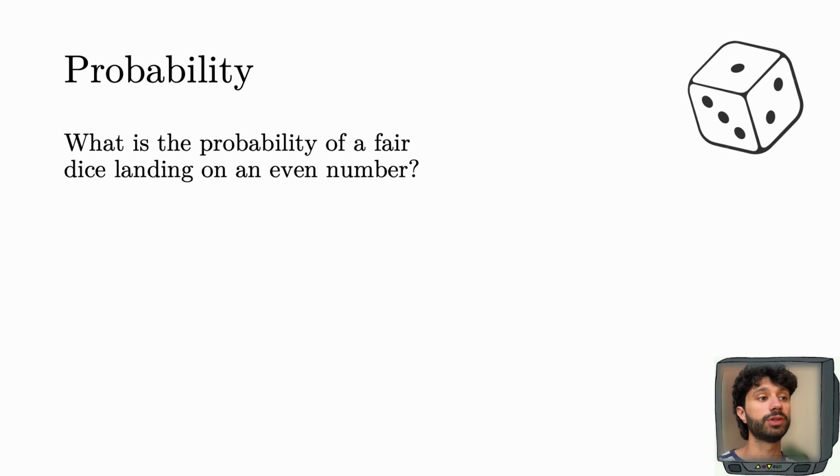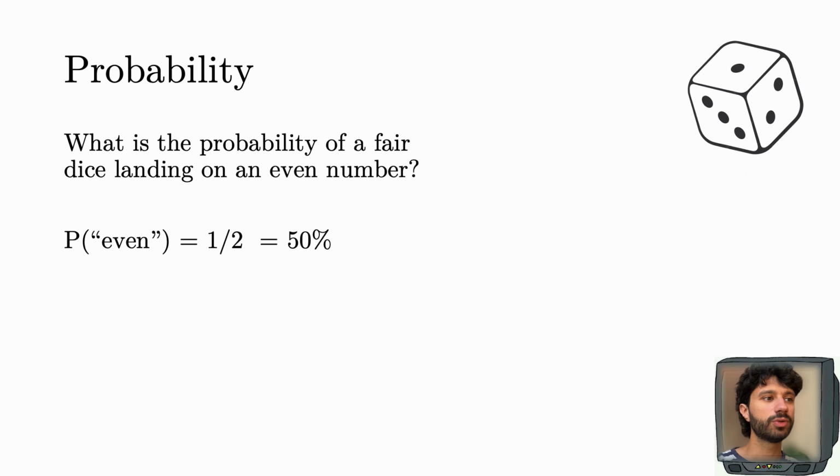Now, what is the probability of a fair dice landing on an even number? Okay, that already requires us to do a little bit more work. A dice has 6 sides, and it has 1, 2, 3, 4, 5, 6 as its numbers. So what's the probability that it will land even? Well, here, already it's starting to be more complicated.